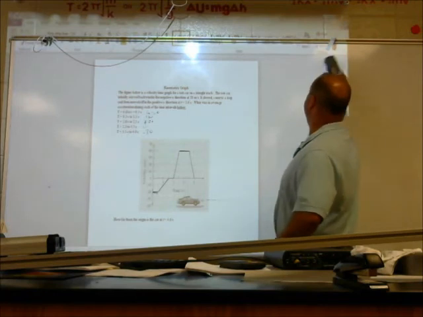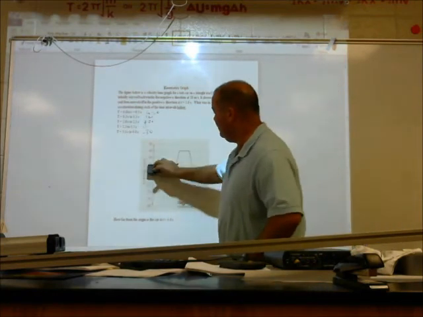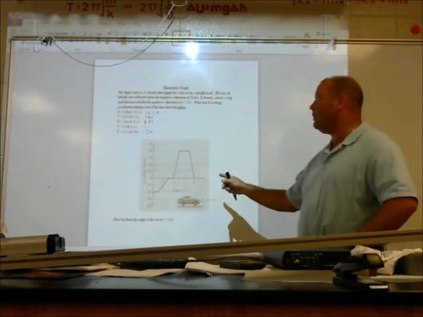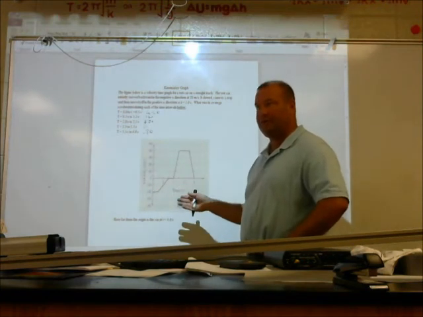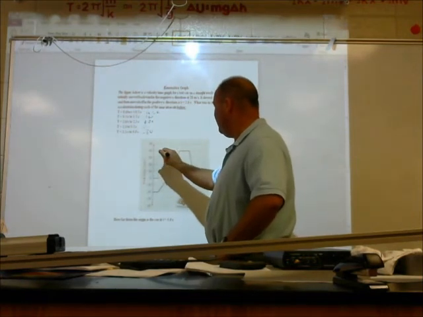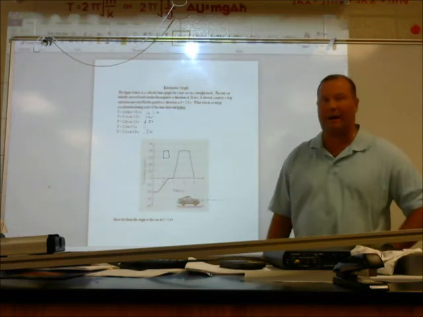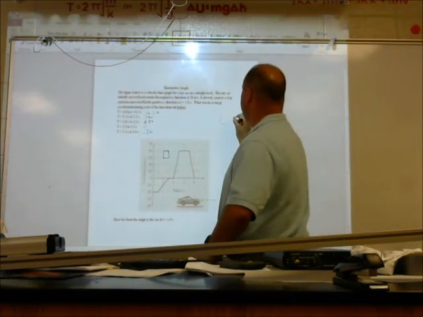Now, another interesting thing that velocity time graphs will allow us to figure out is how far the object has been displaced during that motion. If I looked at that square and I wanted to know the area of it, how would I find it? Length times width, right?